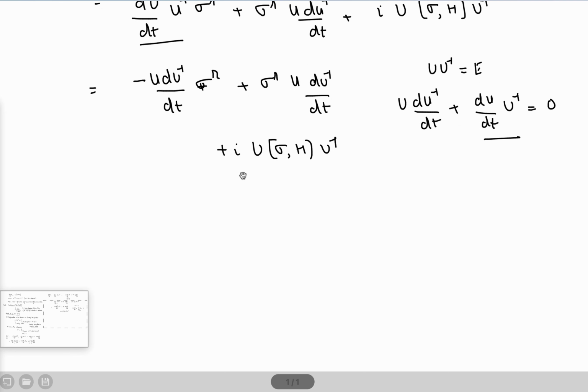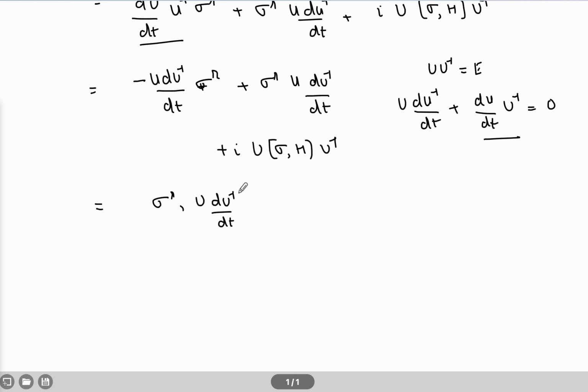So it's simple mathematics, nothing fancy. Then if you notice, this one is nothing but the commutator between sigma r and U dU inverse/dt. So I can always write this as the sigma r, U dU inverse/dt commutator, and the other term, I'll take U's inside now, so U sigma U inverse U h U inverse, right?